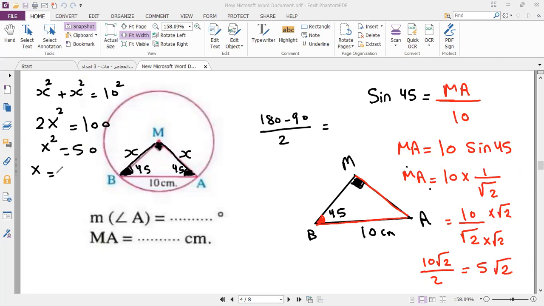By taking the square root of both sides, square root of 50, which can be written as square root of 25 times 2. So what is the x here in this case? It's 5 square root of 2. So we can use the trigonometric functions, sine, cosine, or tan, or we can use Pythagoras. And you should be familiar with both of them.